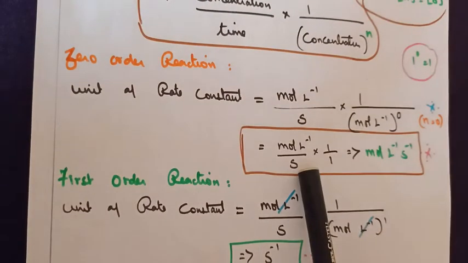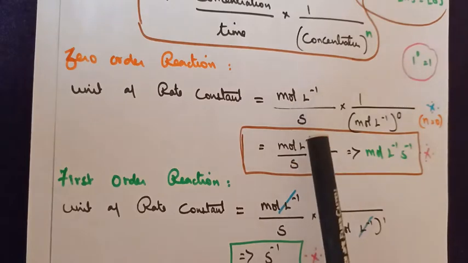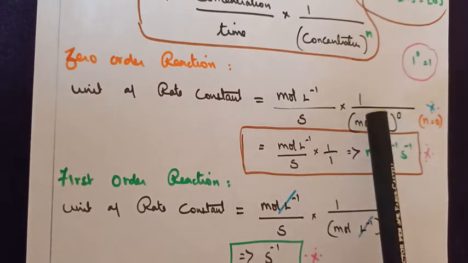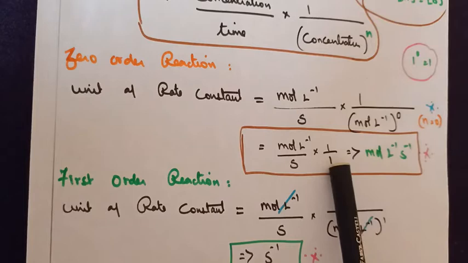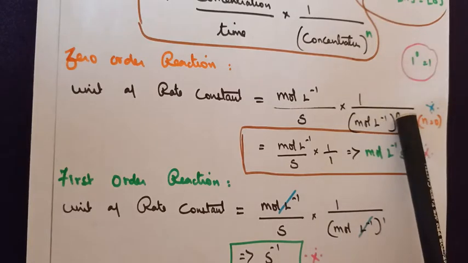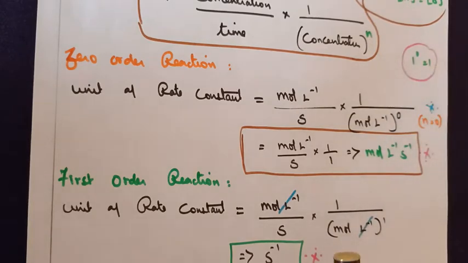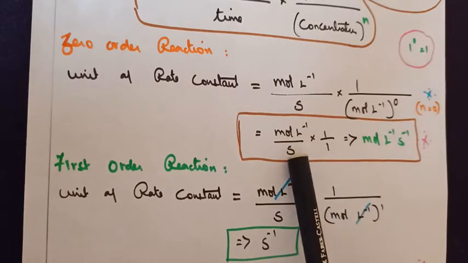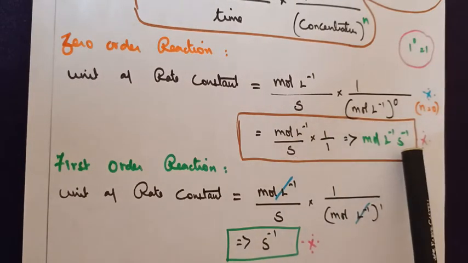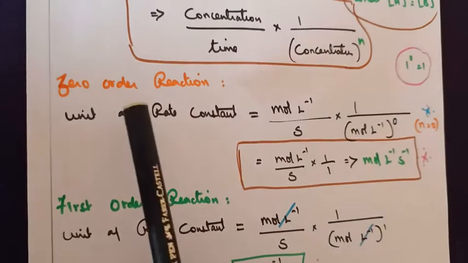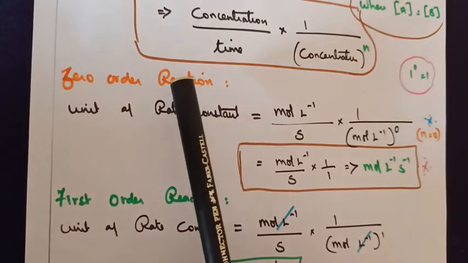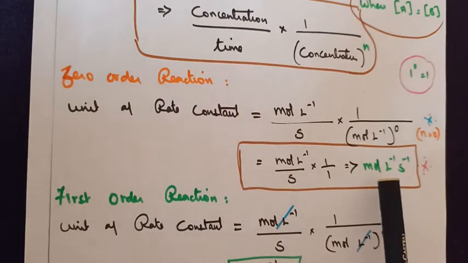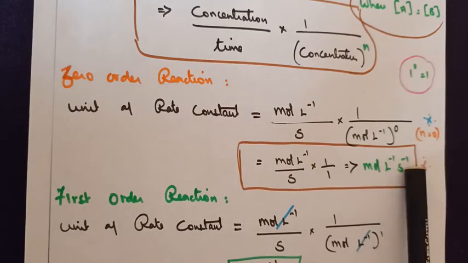So if you rewrite the same step, mole liter inverse by second into 1 by 1. From where do I get this one? 1 to the power 0 gives us the value to be 1 here. So rewriting, finally I get mole liter inverse. The second goes to the numerator as a second inverse. So the unit of rate constant for a zero order reaction is mole liter inverse second inverse.